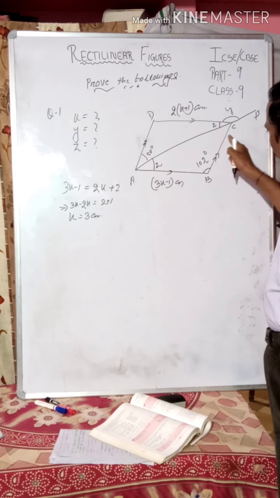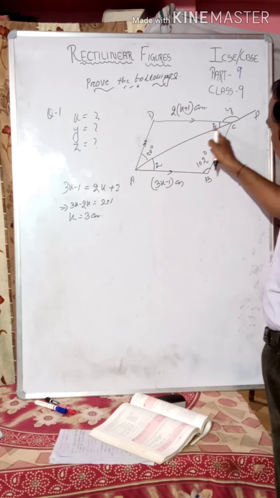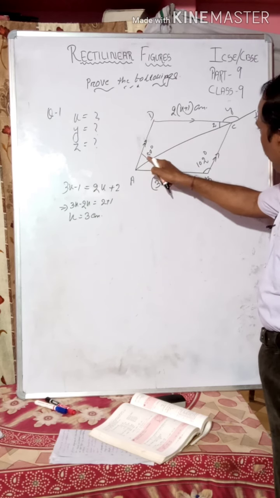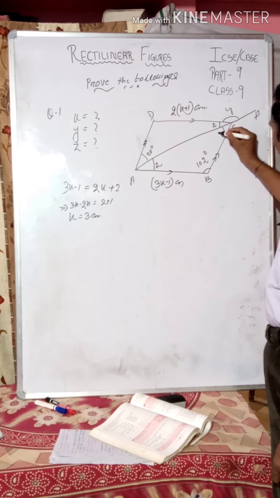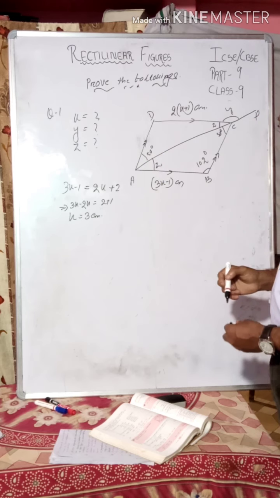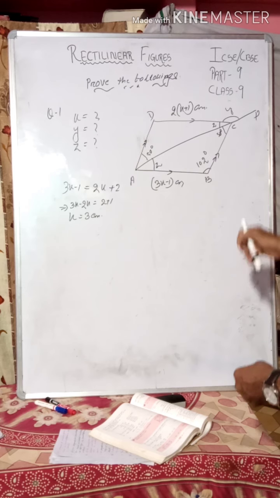If AD is parallel to BC and AC is the transversal, then this is 50 degree and this angle is also 50 degree. This angle is also 50 degree.